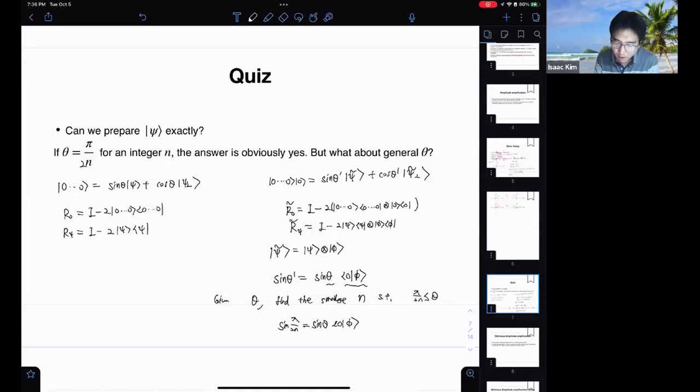You just simply redefine your reflection, and you can do this very easily because you have simply changed your state by appending a single qubit state. And we can talk more about this later if you're interested, but it turns out that the cost of implementing this R tilde psi is not too different from the cost of implementing R psi.